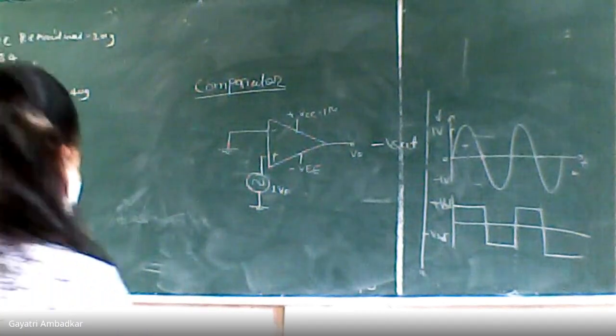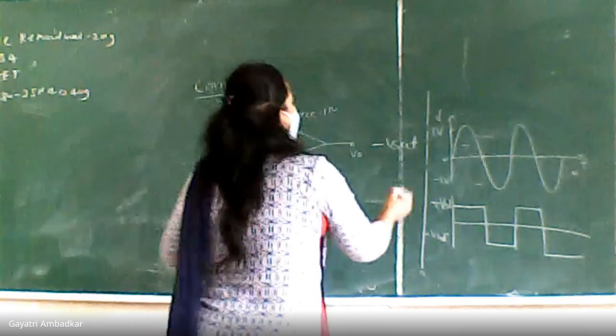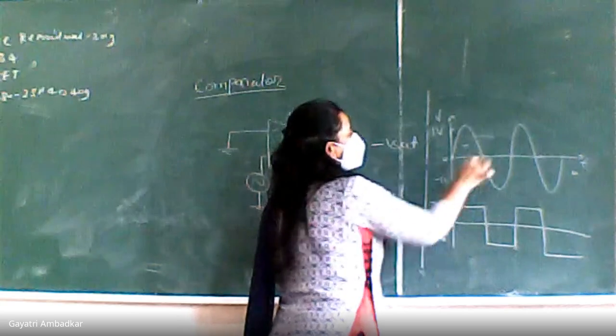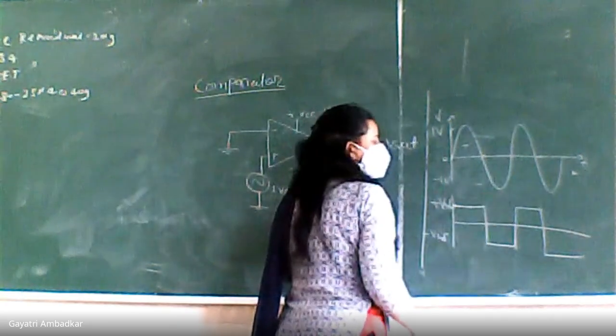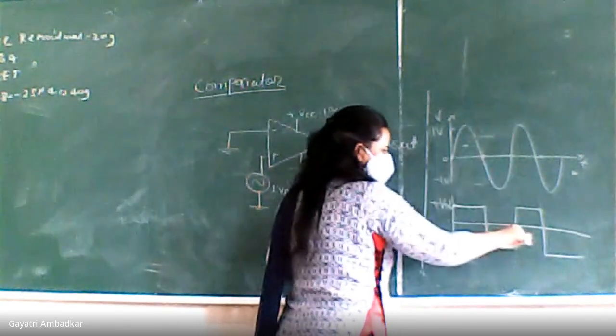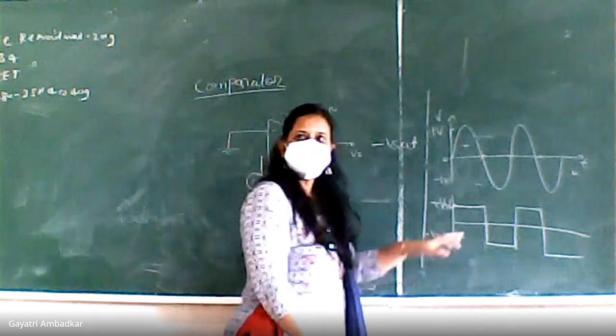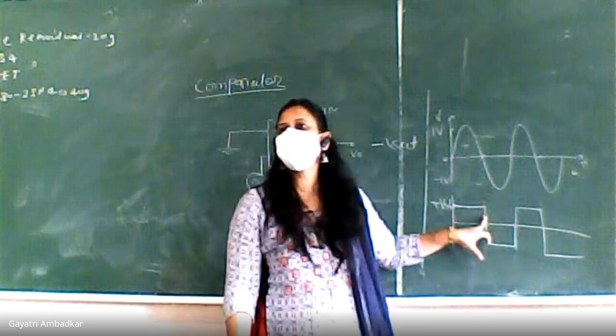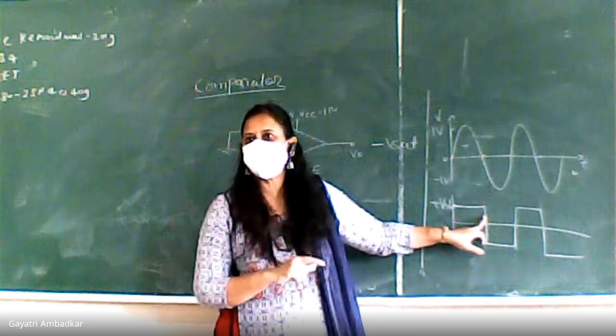Output is switching. So here the first zero is crossed, output is changed. Here the second zero is crossed, output is switched. Here the next zero is crossed, output is switched. So the edges of this square wave indicate the input is crossing zero.